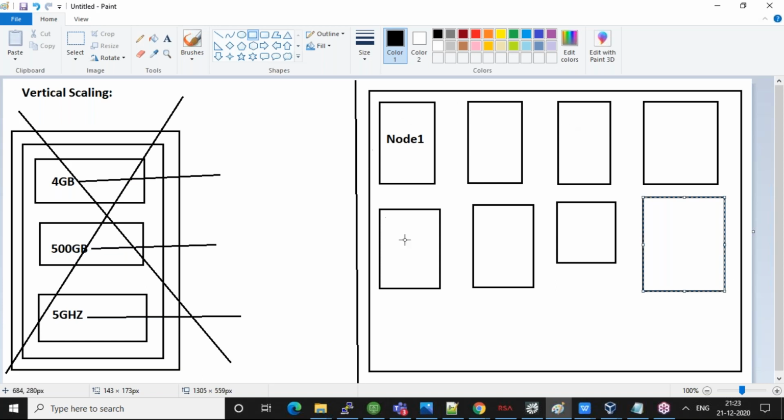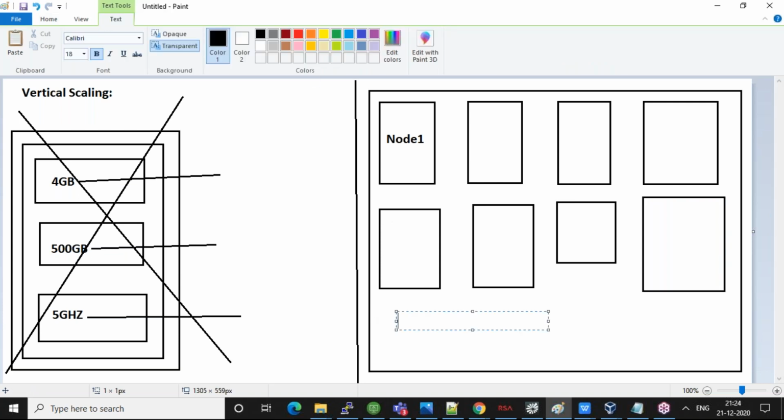All these nodes are connected to one single network, and that is called a cluster. Facebook is using a 30,000 node cluster. Why? Because nowadays not only Facebook, WhatsApp and Instagram are also Facebook products.